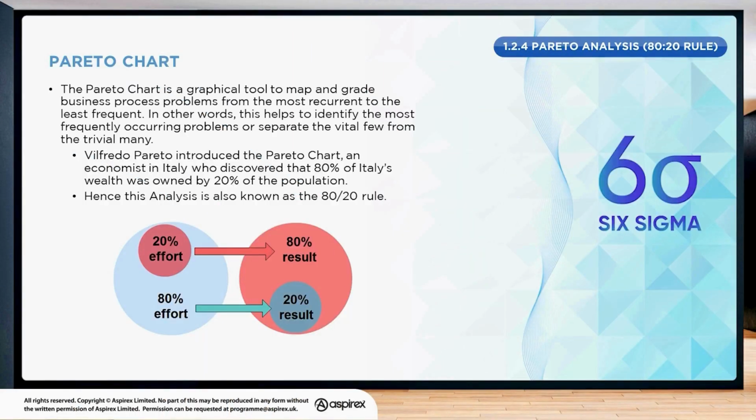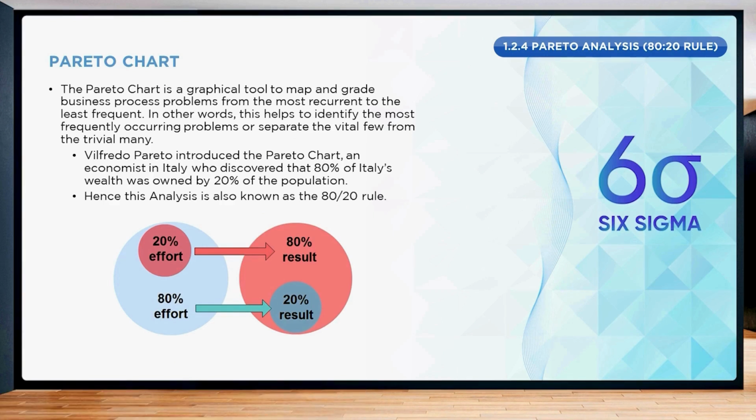So what is a Pareto chart? It is a graphical tool to map and grade business process problems from the most frequently occurring to the least frequently occurring. This helps to identify the most frequently occurring problems or separate the vital few from the trivial many.